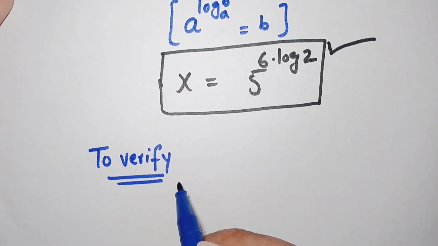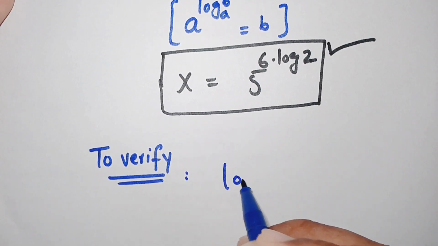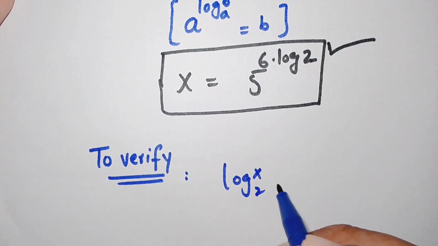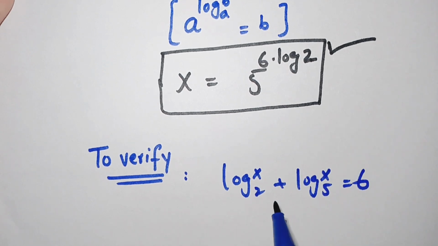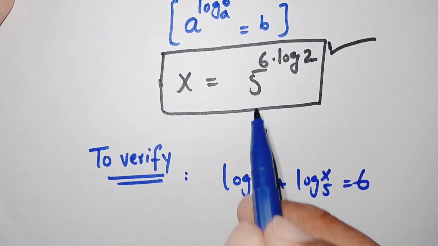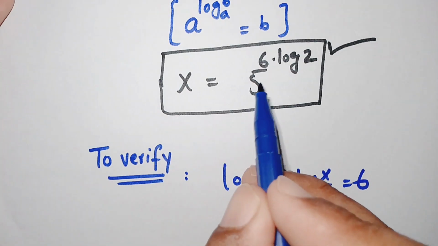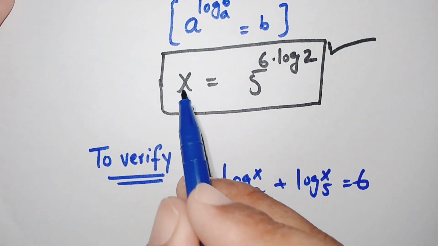Now, we know that the question is log of x with base 2 plus log of x with base 5 is equal to 6. Now here in this question we have to substitute x by this. We have to put the value of x here.